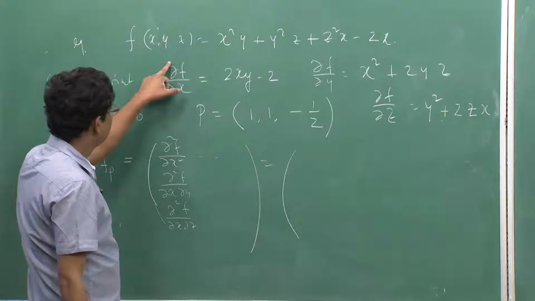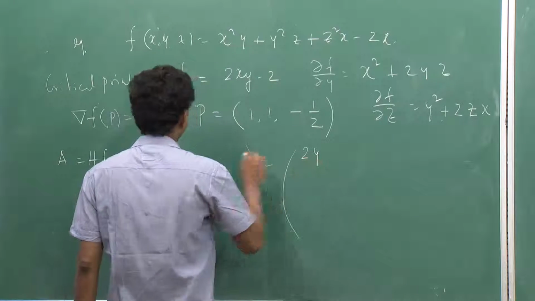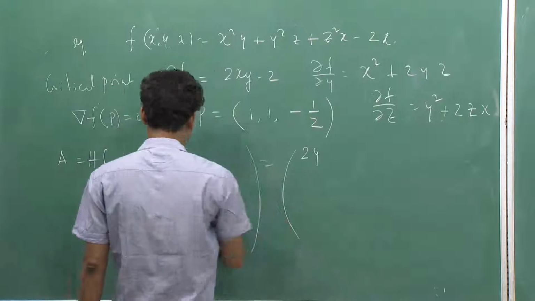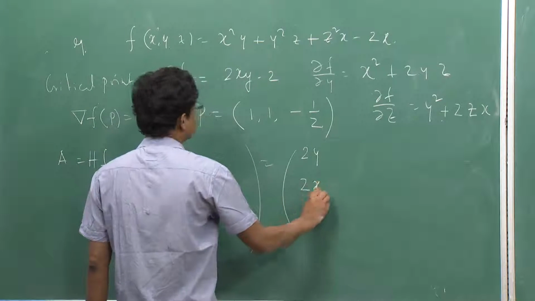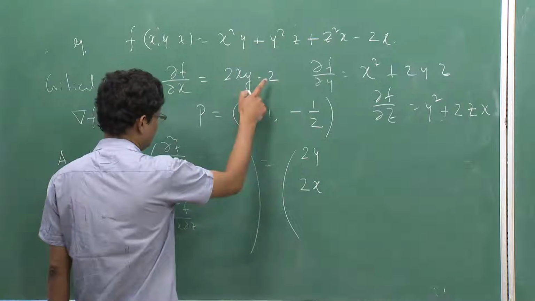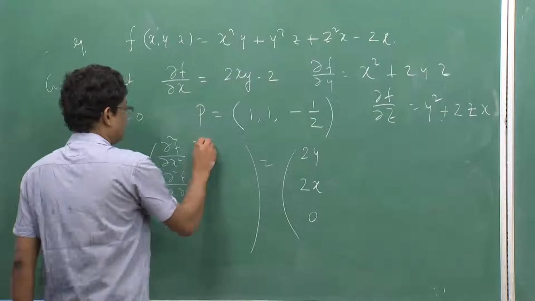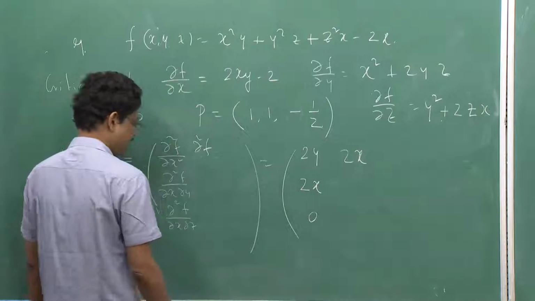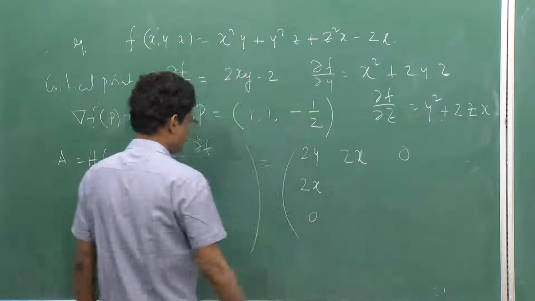First column: del square f del x square gives you 2y, del square f del x del y gives you 2x, and del square f del x del z is 0. This will be 2x here because it is a symmetric matrix, and here it will be 0 again.